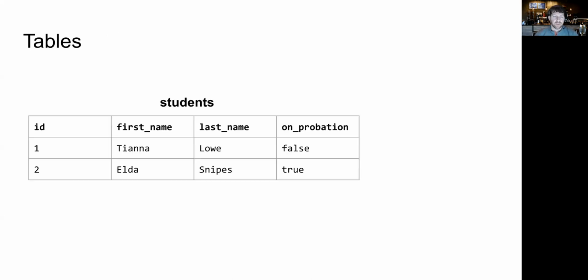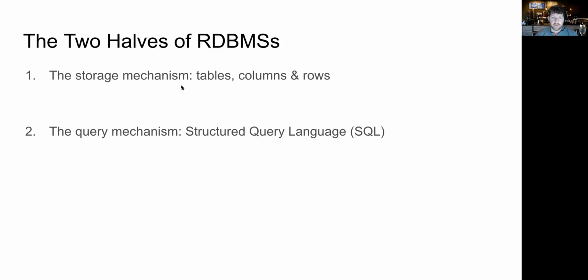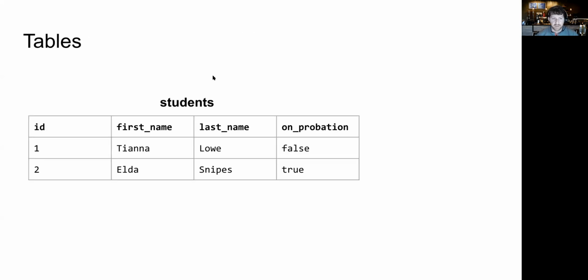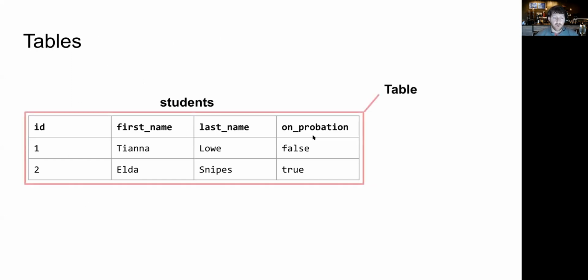So there are these things called tables for our storage mechanism. Here is an example of a table. This whole entire thing is a table, specifically called the students table. Each table has a name, and this example is called students.